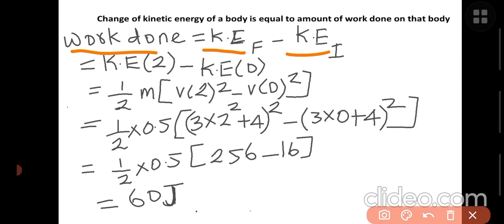Substituting the formula for kinetic energy, half m v square. So half m of v of 2 the whole square minus v of 0 the whole square. Substituting the values of m and v, we get half times 0.5 of 3 into 2 square plus 4 the whole square.